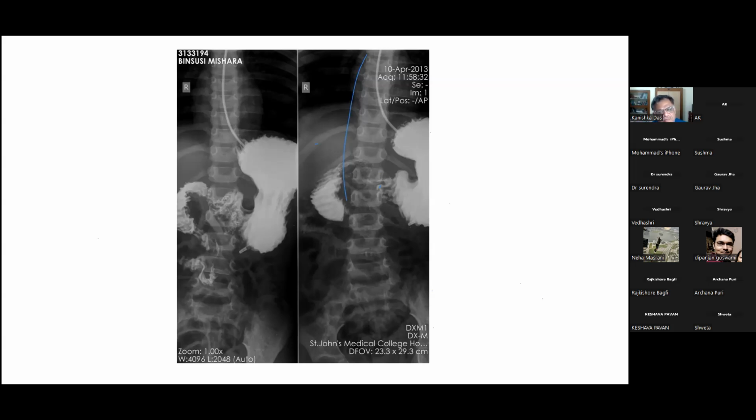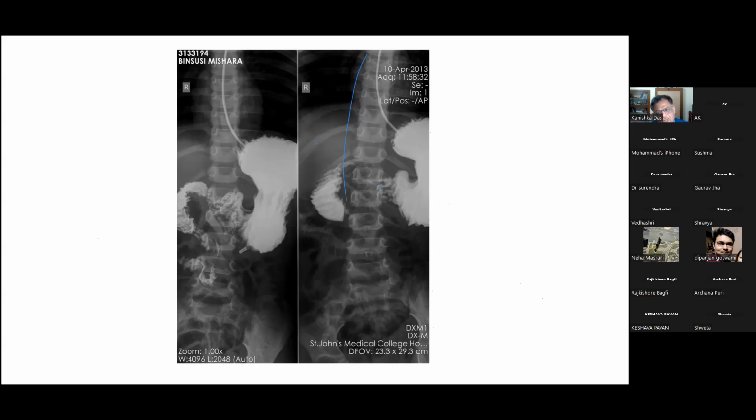Okay. So we initially take a scout, followed by which we give the dye. What is your scout going to show in malrotation? Since you mentioned it firstly, it could be a gasless abdomen if it is associated with a volvulus. Okay, yeah.